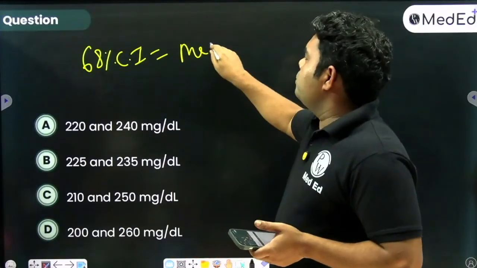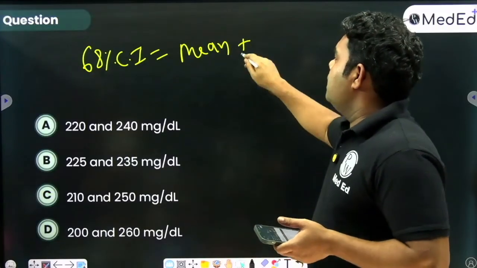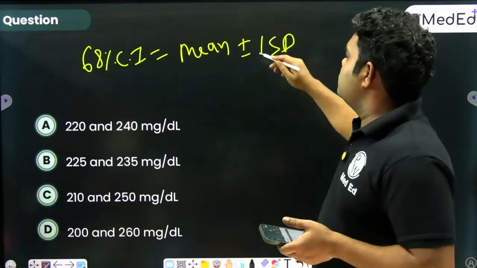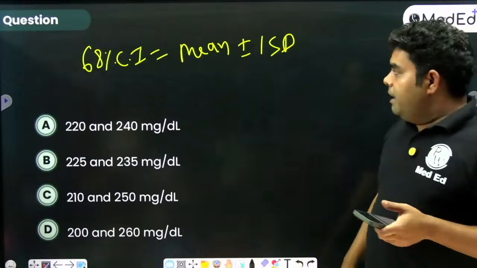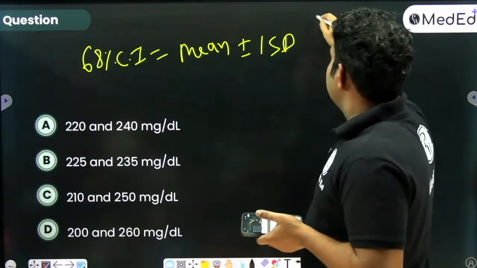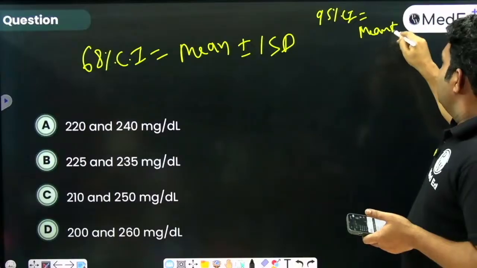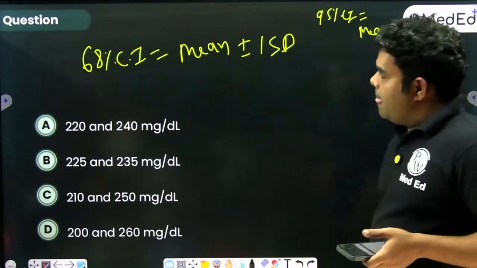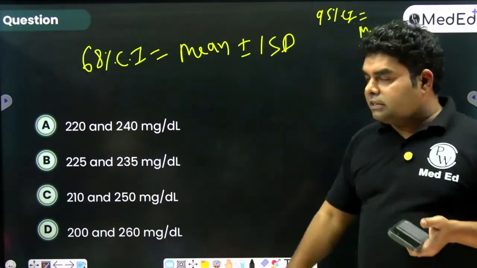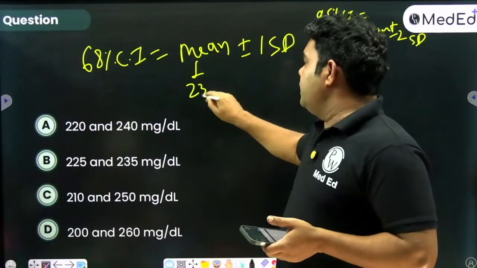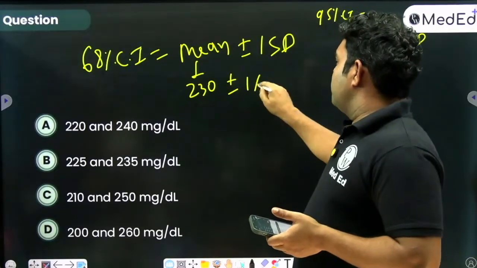The formula I hope you all know. When it is 68%, the formula is mean plus minus 1 into standard deviation. And of course, if it is 95%, then the formula is mean plus minus 2 standard deviations. So here 68% asked, mean value was 230, standard deviation was 10.